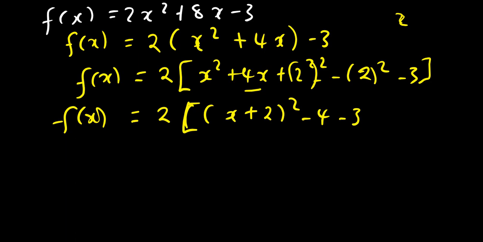Now that we have that, when we distribute the 2, what are we going to have? Negative 4 minus 3, that is just 7, so that's negative 7. So here we have a negative 7.